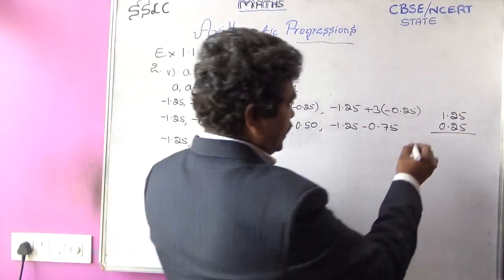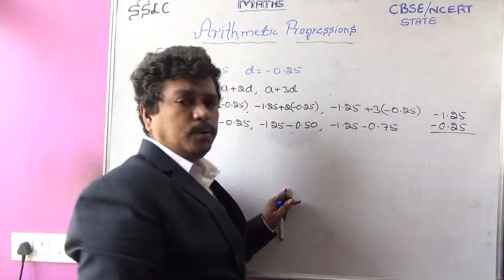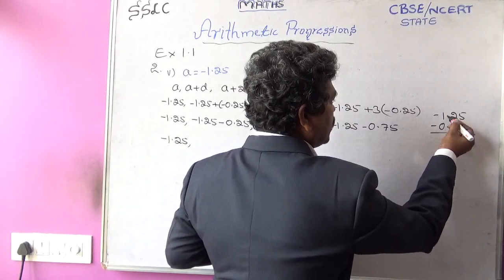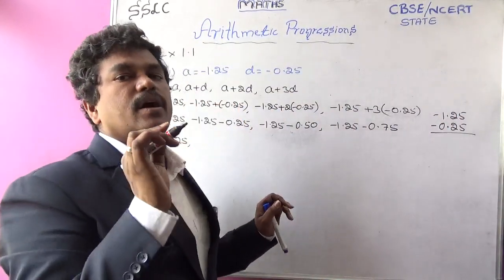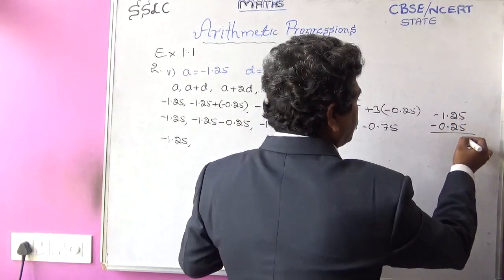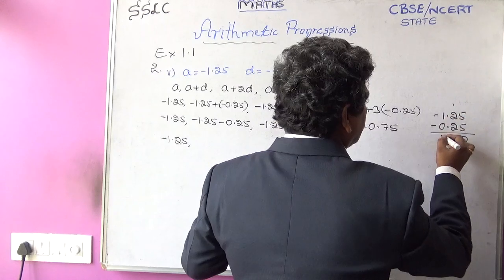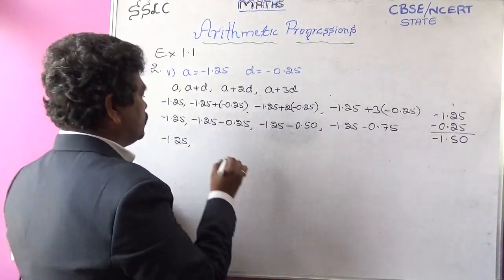Both are minus symbols, we have to add that one. So you have to write the decimal place under this one also, in the same place. So 5 plus 5 is 10, 1 carry, 2 plus 2 plus 1 is 5, and here it is 1. That becomes minus 1.50.